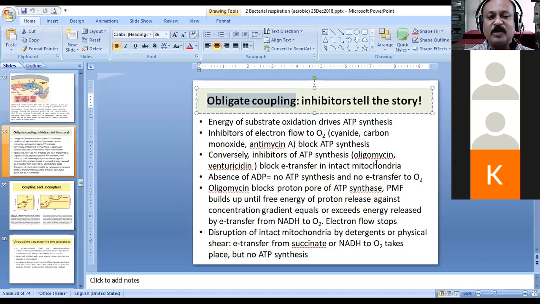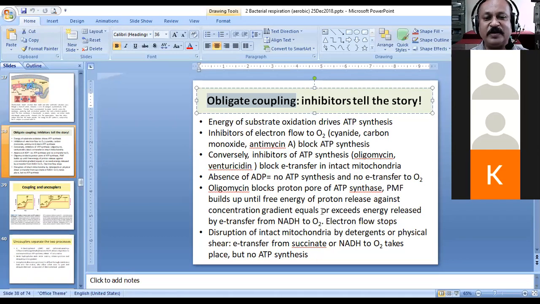This inhibitor oligomycin blocks the FO subunit of the ATP synthase enzyme. In fact, this FO portion of ATP synthase is named as fraction oligomycin sensitive. The name FO is derived from this term, oligomycin sensitive.